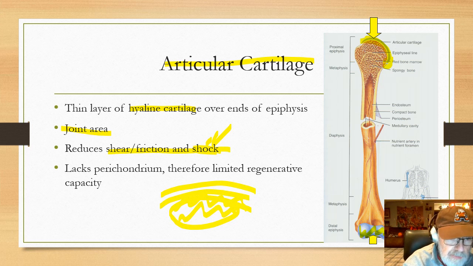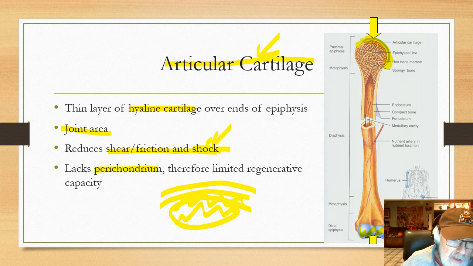The periosteum doesn't cover it, and there's nothing called a perichondrium on the outside. And this is where we have a problem with the articular cartilage. Think about it. If you take two sticks and rub them together, the sticks become very smooth and you start to wear away the surface of the sticks. If you keep on moving joints for a lifetime, eventually that cartilage gets worn away.